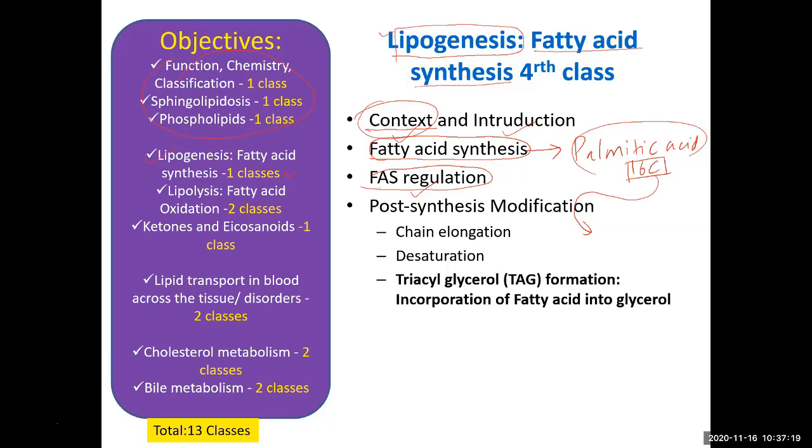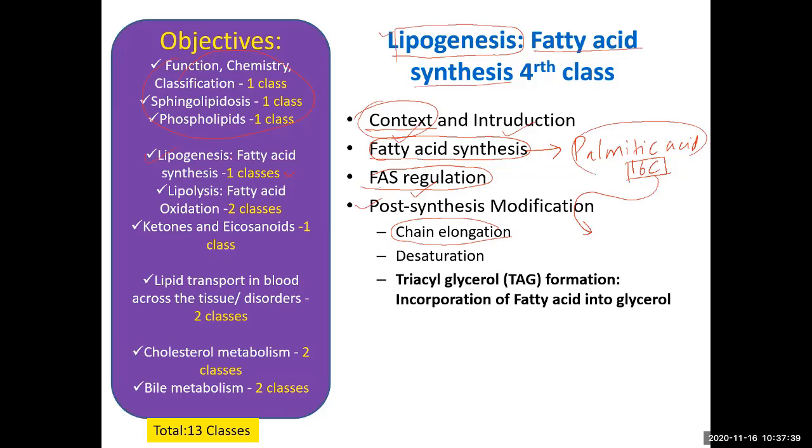Our body does not only require palmitic acid, it requires higher fatty acids also. Higher fatty acids are synthesized through chain elongation. This is the primary fatty acid, then higher fatty acids are synthesized through chain elongation. This process is called post synthesis modification.